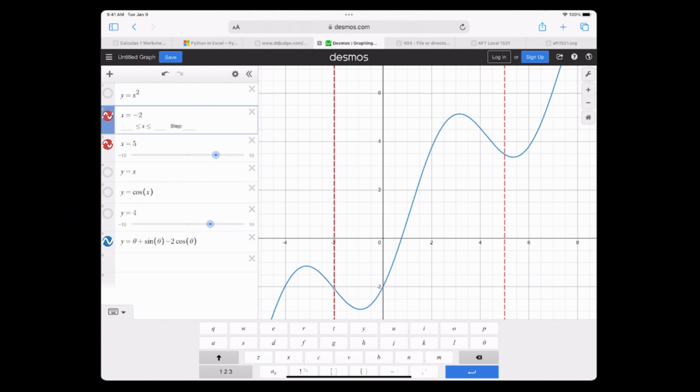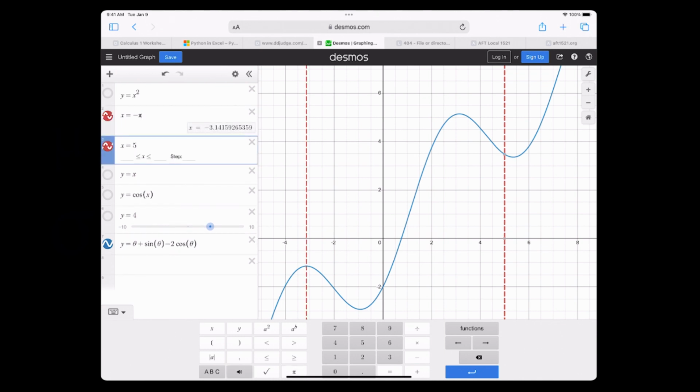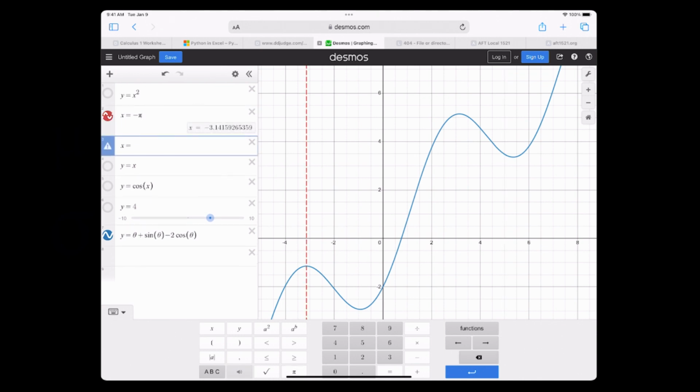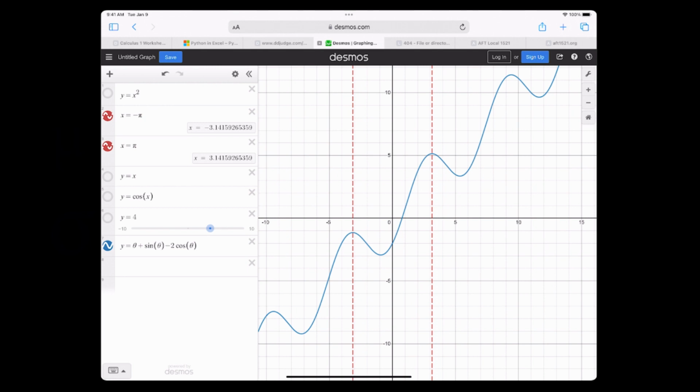Okay. I'm going to do negative pi. That's a very interesting curve.